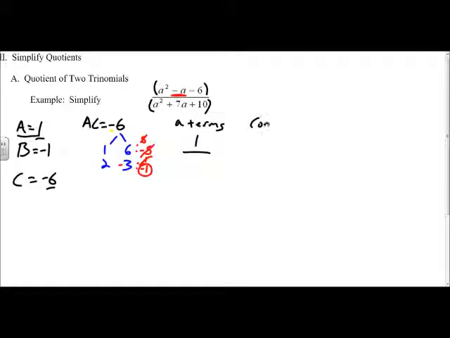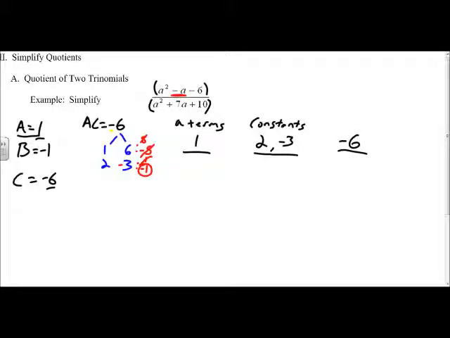Then we look at the constants from our binomial factors. The constants come from our factors of AC, so we have 2 and negative 3. And we need those to multiply and add up to c, which in this case is negative 6.